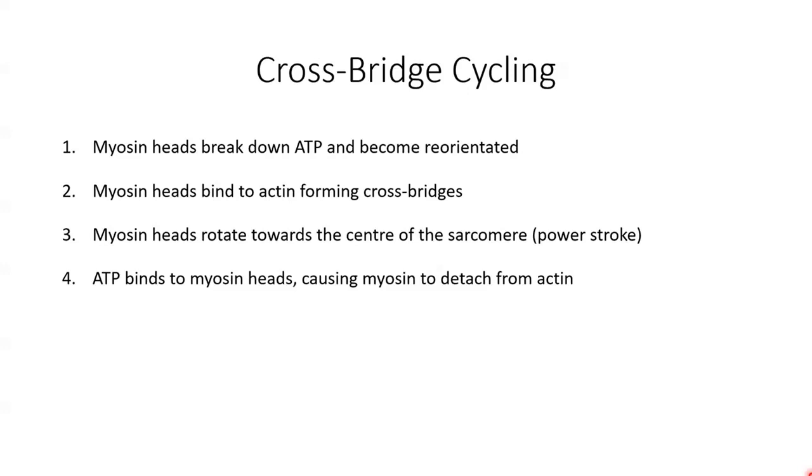It's what shortens the sarcomere and causes muscle contraction. Then a new ATP molecule will bind to the myosin head, causing myosin to detach from actin, for that whole process to either happen again or for the muscle to relax.